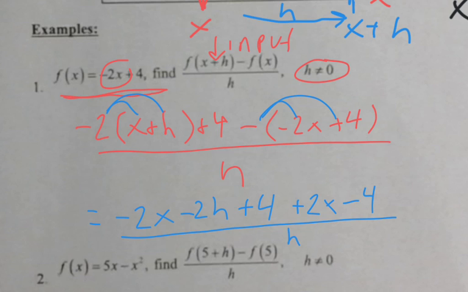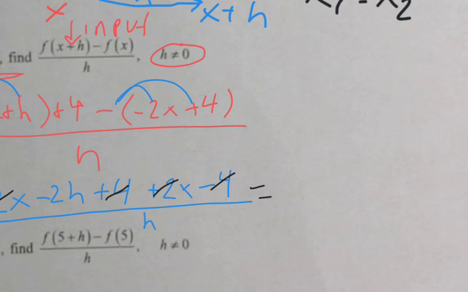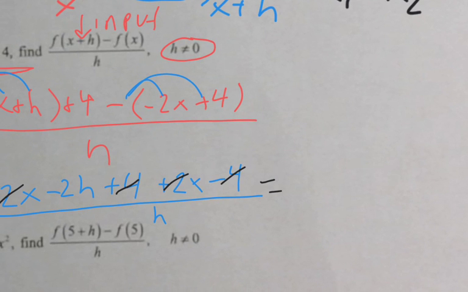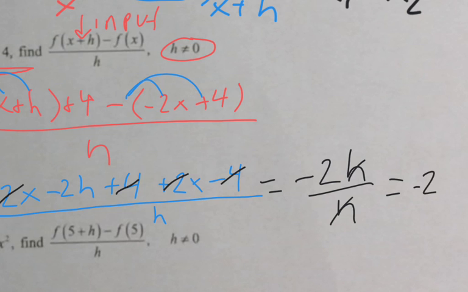And now we combine like terms. Negative 2x cancels with positive 2x. Positive 4 minus 4 is 0. That cancels out, and we're left with negative 2h over h. We can cancel these h's, and we're left with negative 2.